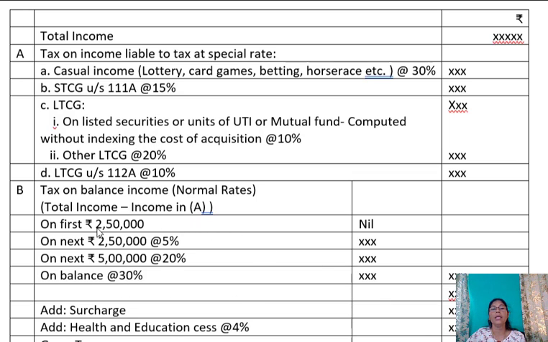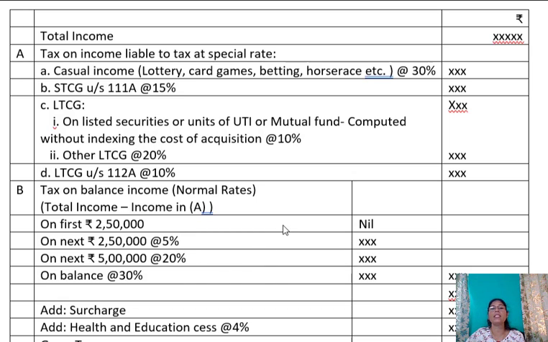30%. Now here, in case of senior citizen who is aged above 60 years, instead of 2,50,000 it is on first 3 lakh rupees tax is nil, and then on next 2 lakh rupees it is at the rate of 5%, and remaining is the same.